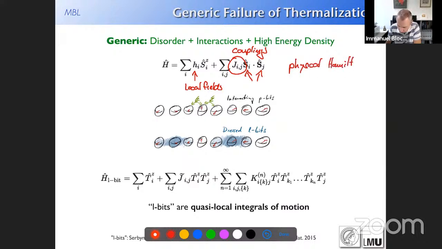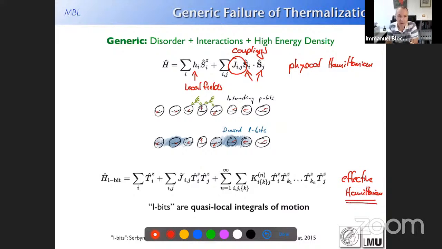And I think what David, or Ehud, has shown you is that out of this physical Hamiltonian, you can actually derive an effective Hamiltonian, which is the one I've written down here. So this is an effective Hamiltonian that describes equally well the dynamics of the system.